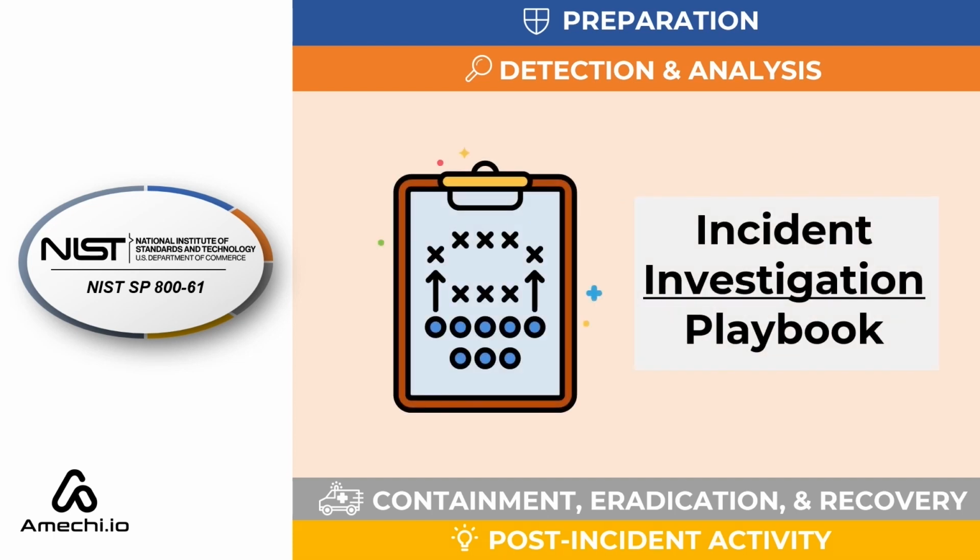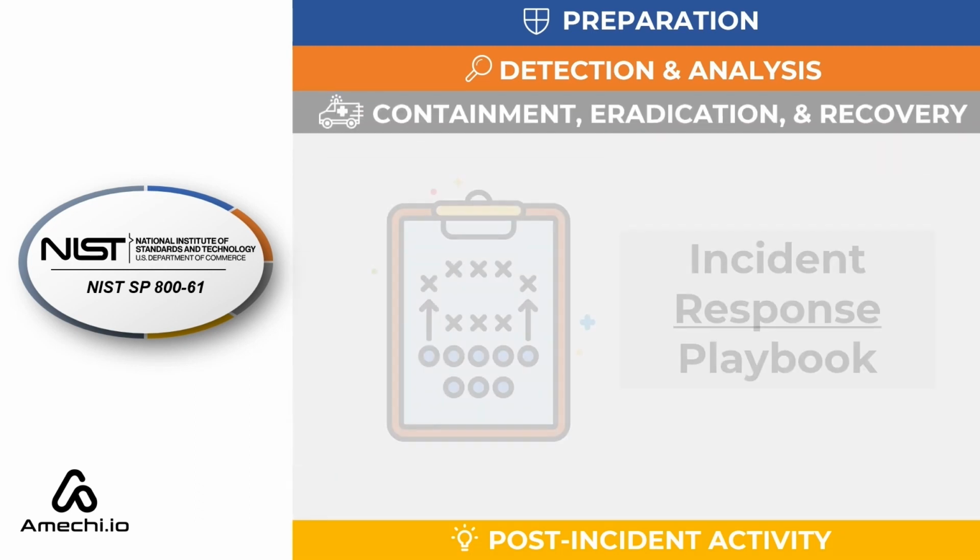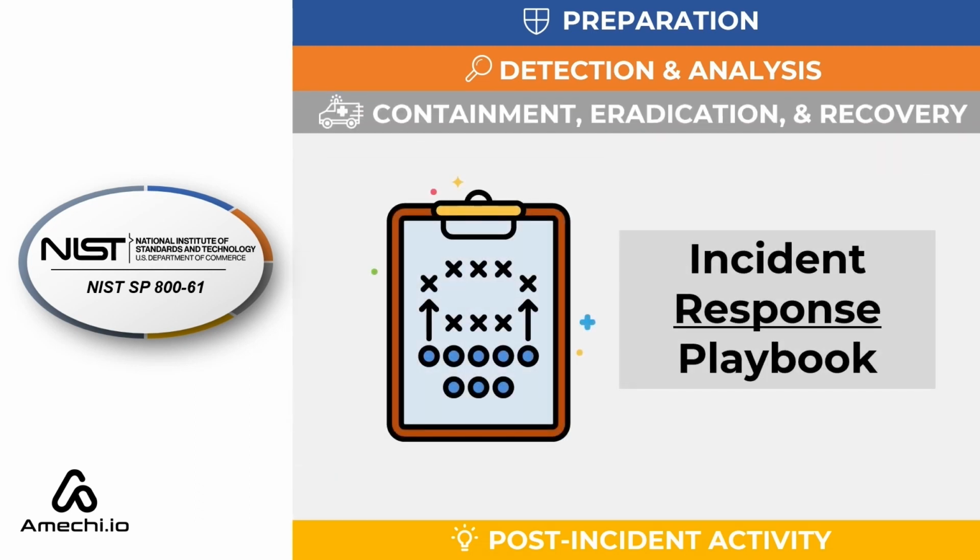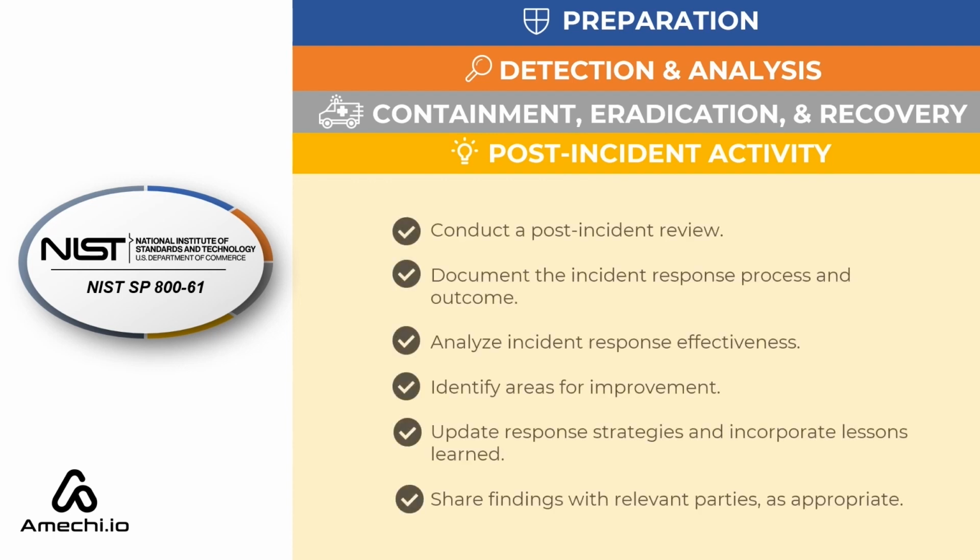This is where an analyst might use an incident investigation playbook. Whereas the containment, eradication, recovery stage is where an analyst might use an incident response playbook. After the incident is resolved, we get to the post-incident activity stage.